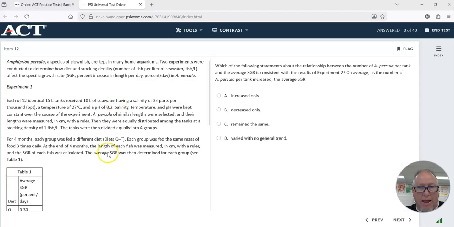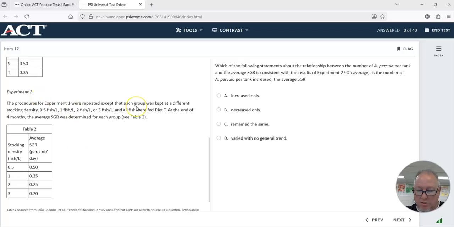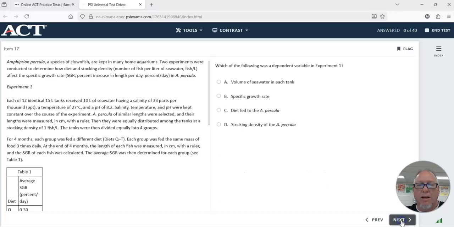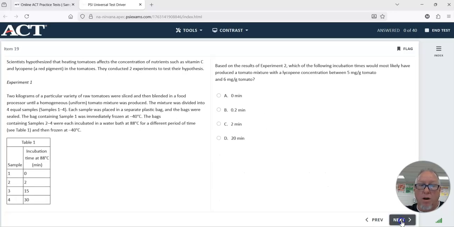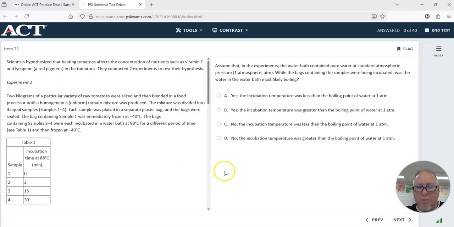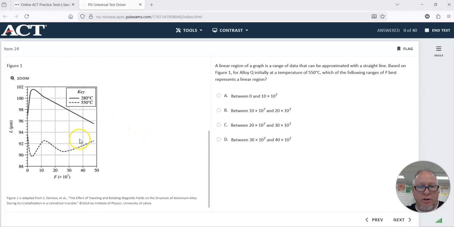Now here's another passage, because I changed to a new screen, and I see experiment 1, experiment 2. So this is going to be an experiment passage. Keep in mind that when you're looking at experiment passages, they might say study 1, study 2, study 3. Here's another experiment passage. When I get to this one, definitely looks like charts and graphs.